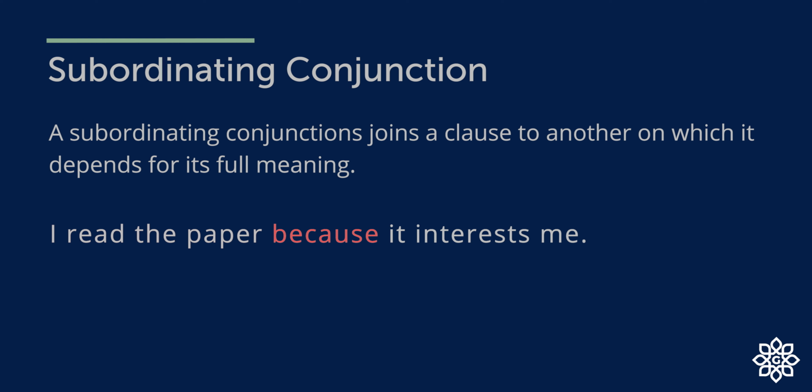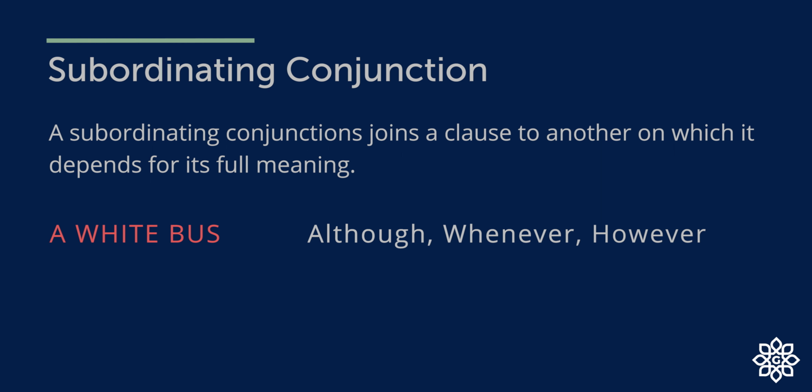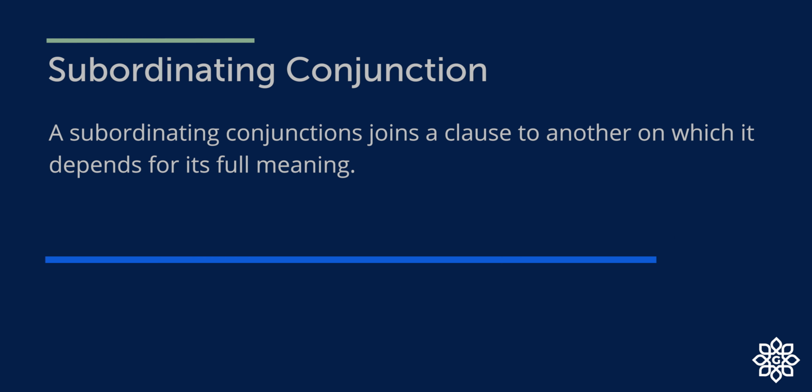You can remember some of the widely used subordinating conjunctions with the mnemonic A WHITE BUS. Although, whenever, however, if, though, even if, because, unless, since. A white bus.